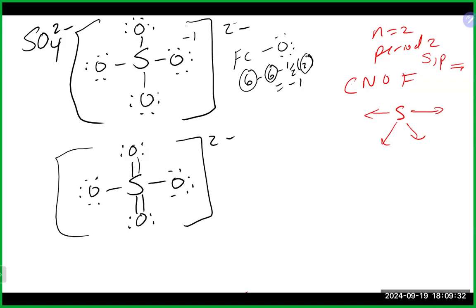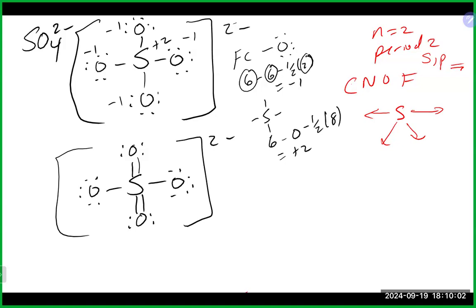That would give me a -1, -1, -1, -1. And if I did my sulfur, which looks like this, that would be 6 minus 0, as there's no dots, minus 1/2 of 8. And that's going to give me a +2 in terms of this structure for our sulfur. We add all that together, it's +2 in the middle, -4 on the outside. That's a -2 overall, which equals the charge, which is all good.